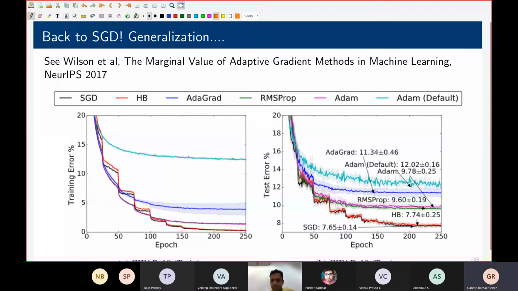As you progress in the epochs, SGD, the one in black, started out bad, but then seems to be doing okay. The training error percentage has gone down. This is the CIFAR-10 data set.